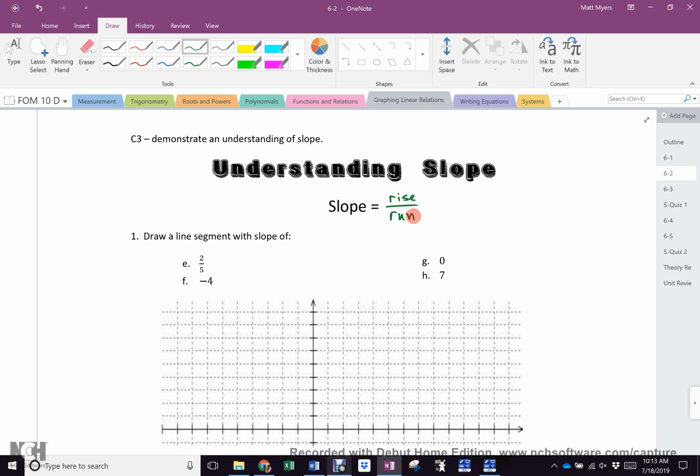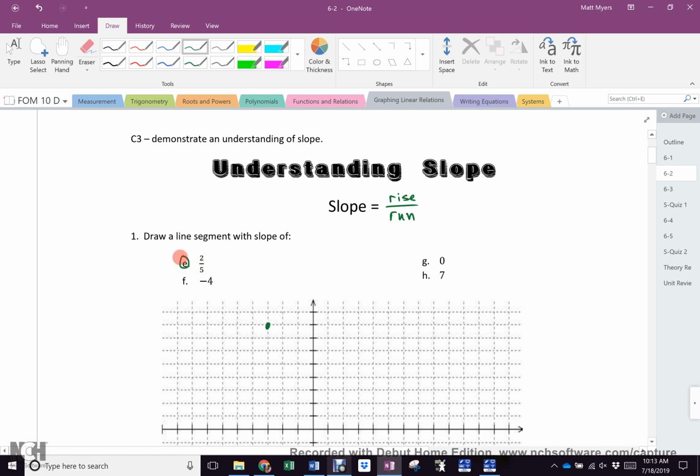Every single person put a dot anywhere in this section. Anywhere. Put a dot. Anywhere. I'm going to put mine there. Now, I want to draw a line with a slope of 2/5.